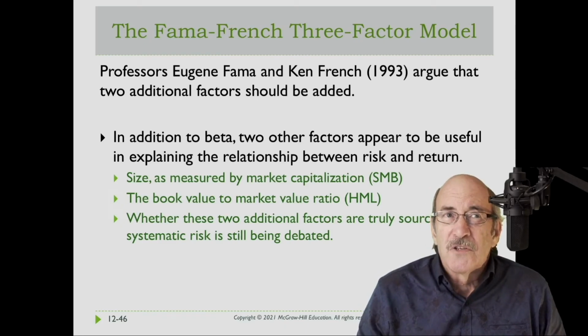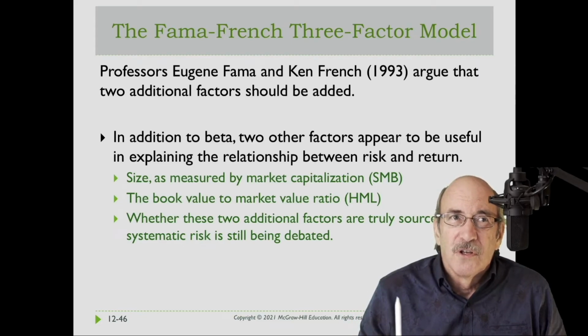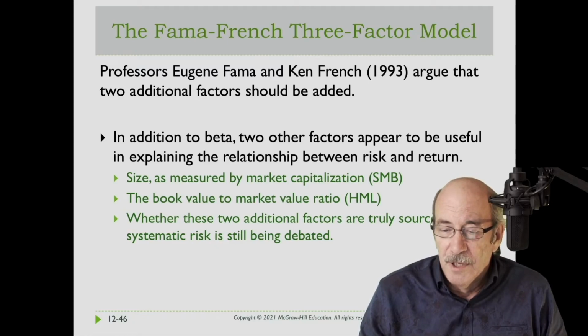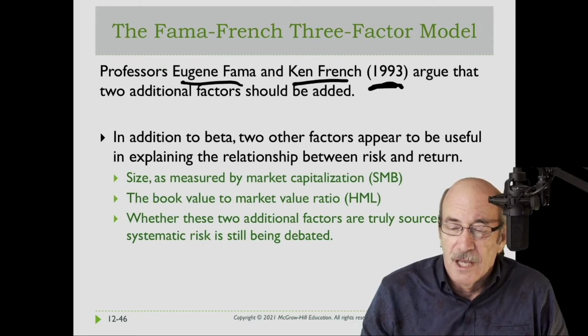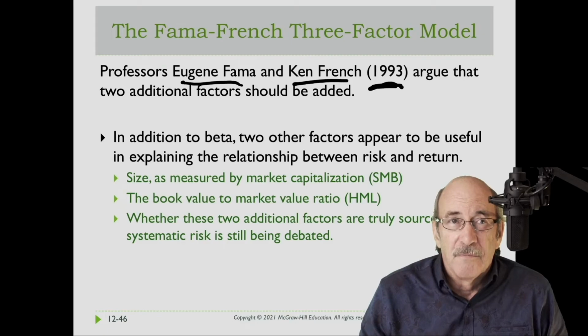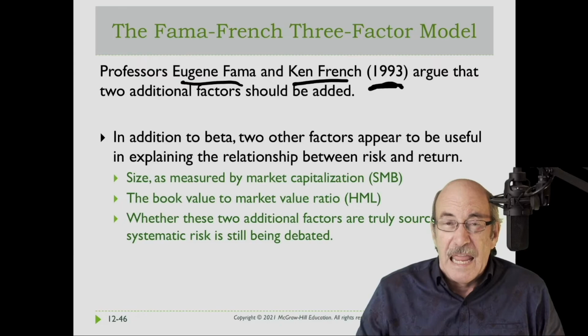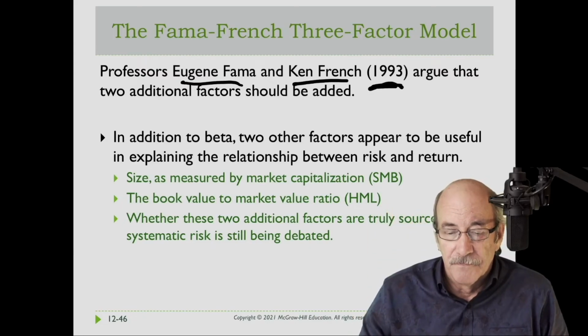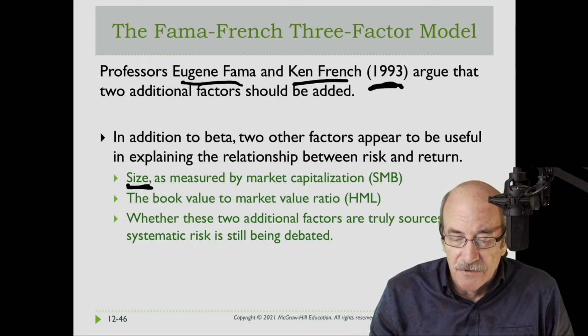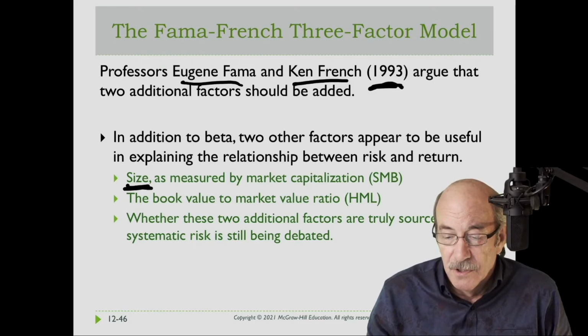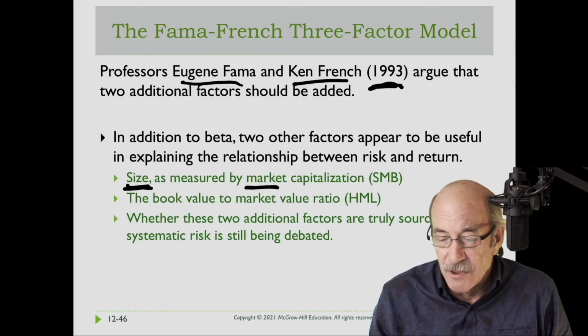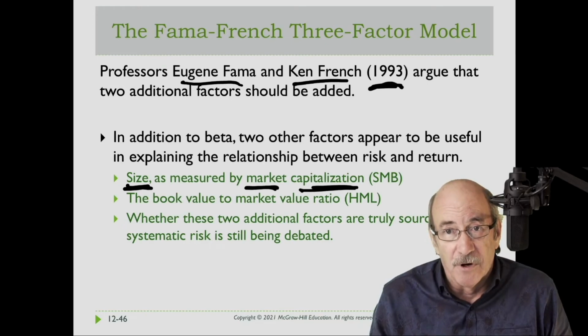When you start looking at some of the data, we find some other characteristics that were pretty strongly visible in the data. So back in 1993, Gene Fama and Ken French came up with a couple of other factors. They added 2 factors, in fact. They added a factor that accounts for the size, or rather, more strictly speaking, the market capitalization of a firm.